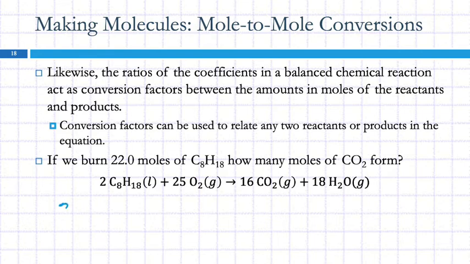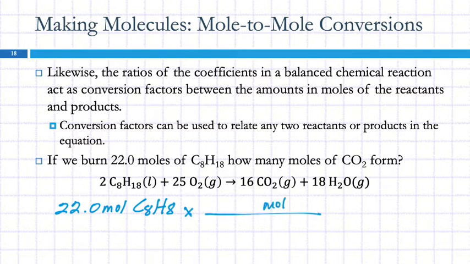This is just like the cheese to pizzas. 22 moles of C8H18, and I want to know how many moles of CO2. So I'm going to divide by the previous unit. That's an 8. I'm just converting units.